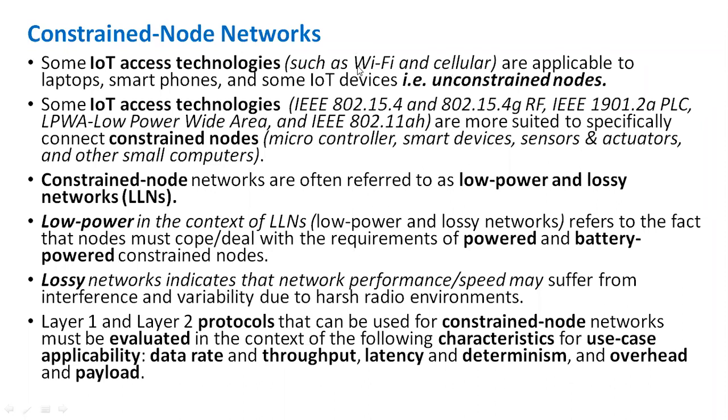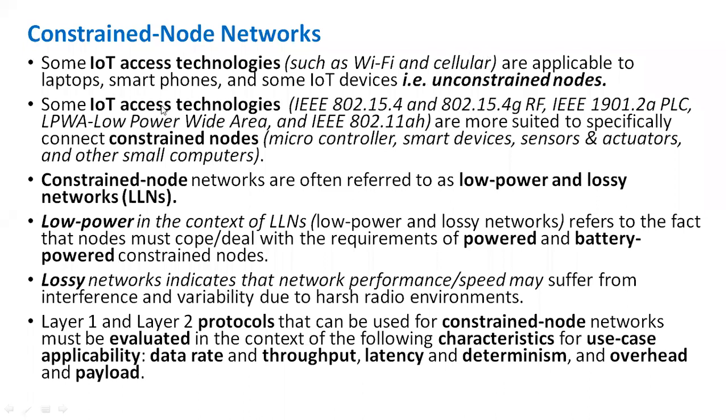Laptops and smartphones belong to which category? Unconstrained, right? So some IoT access technologies are suitable to connect unconstrained nodes, for example laptops, smartphones, desktop computers. For these we use Wi-Fi or cellular.